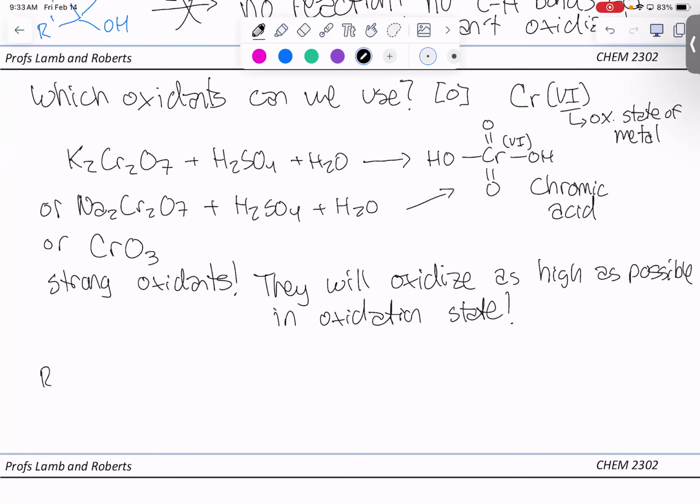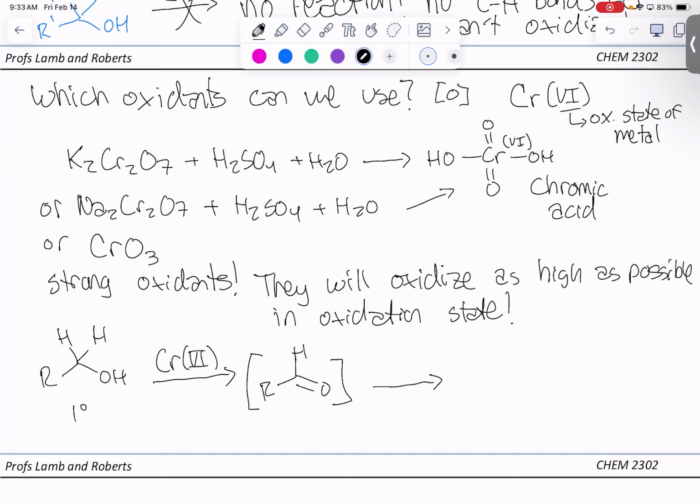It means that if we have a primary alcohol and we add in a chromium 6 reagent, it will go through the intermediate of an aldehyde, and no matter what, it just keeps going to your carboxylic acid. The carboxylic acid is the only product.